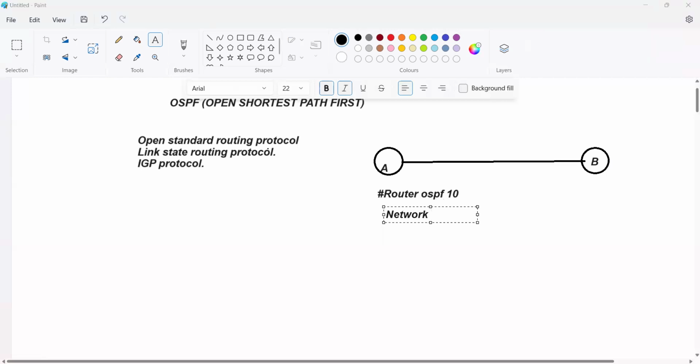It will use cost as a metric. So what is cost? It will use the SPF algorithm, also called the Dijkstra algorithm, we'll discuss that anyway.